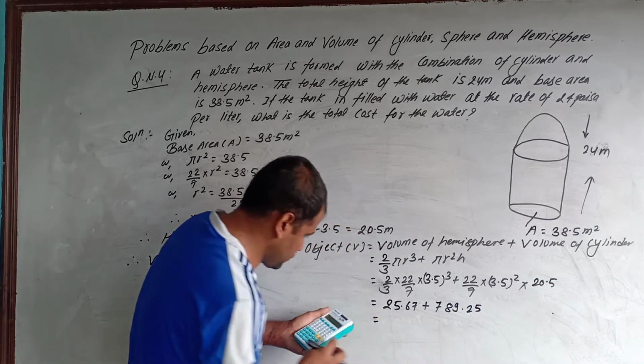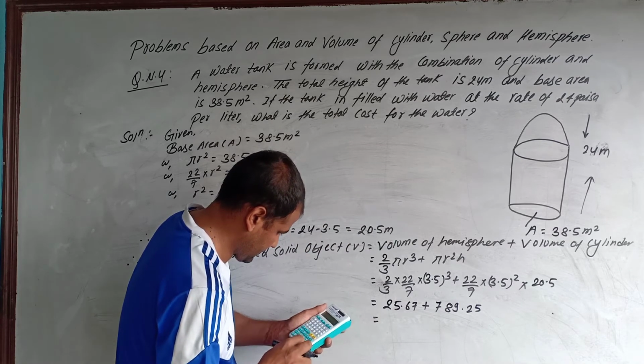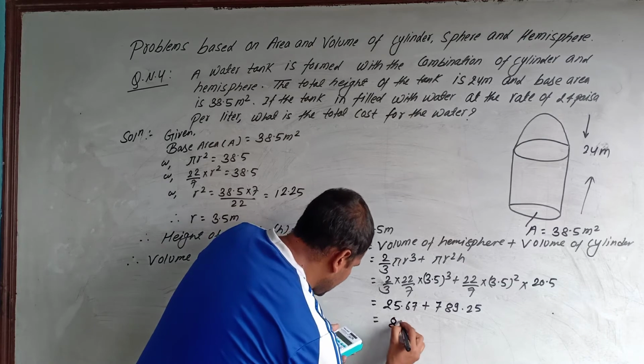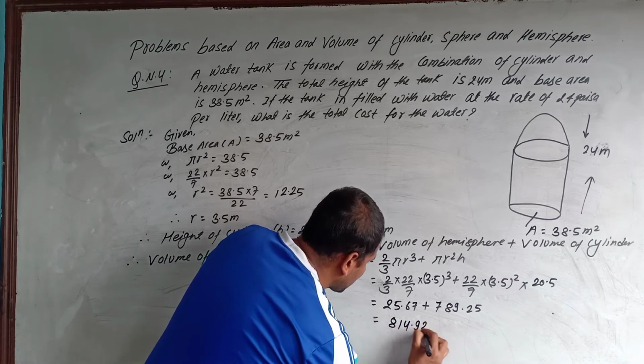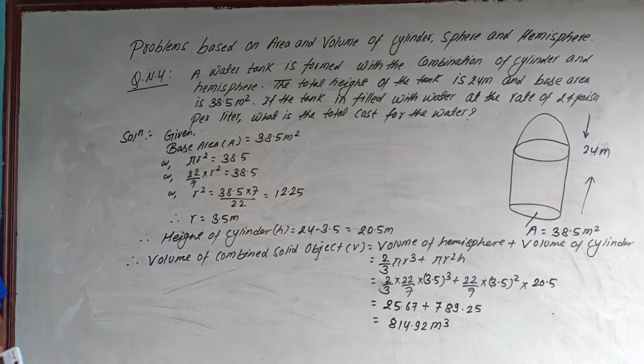That is equal to 814.92 meter cube, which is the volume of the combined solid.